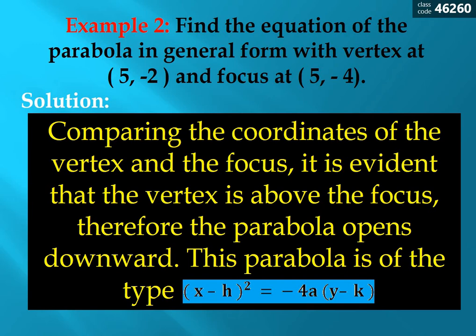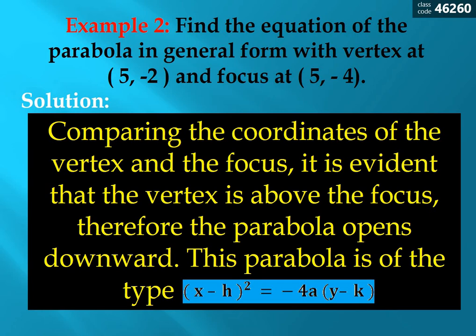Okay, let's have example number 2. Find the equation of the parabola in general form with vertex at 5, negative 2 and focus at 5, negative 4. So doing this, we have this solution. We need to compare the coordinates of the vertex and the focus.